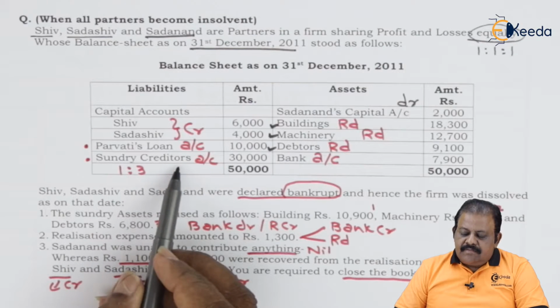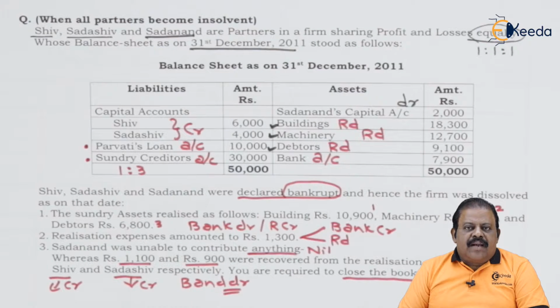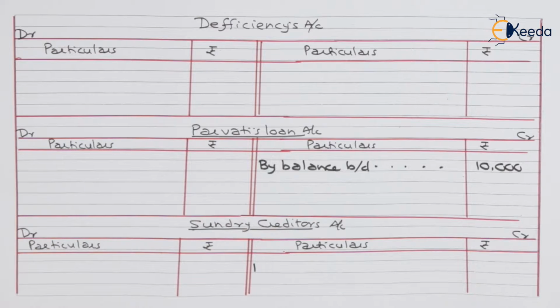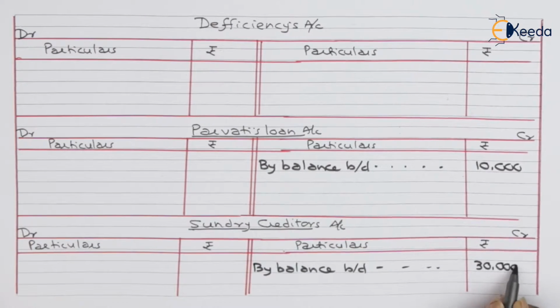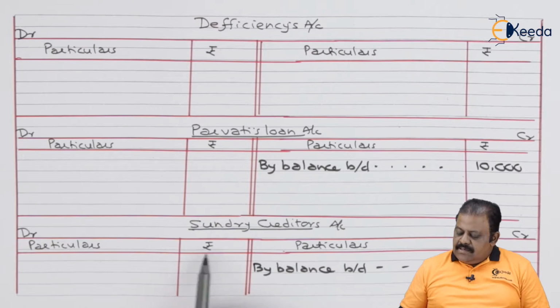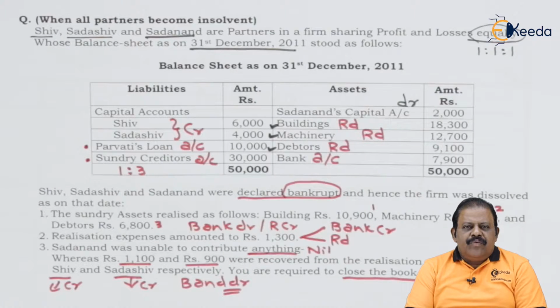Sundry creditors will be transferred to the credit of a sundry creditors account separately opened. Sundry creditors account, credit side, by balance brought down 30,000. We have transferred all the items from the balance sheet. Let us go through the adjustments.